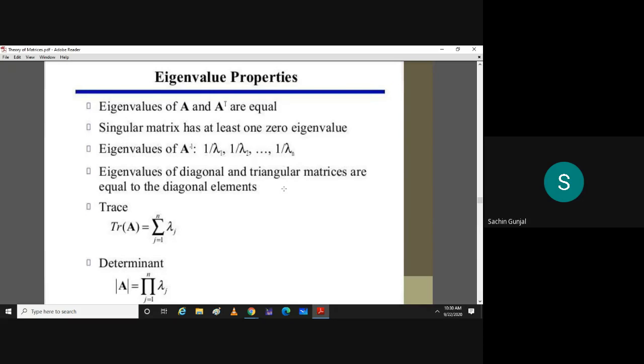This note says that if a matrix is diagonal or upper triangular, then its eigenvalues are the diagonal elements. So what are the diagonal elements of that matrix? 1, 5, and 9. Therefore, eigenvalues are 1, 5, 9.